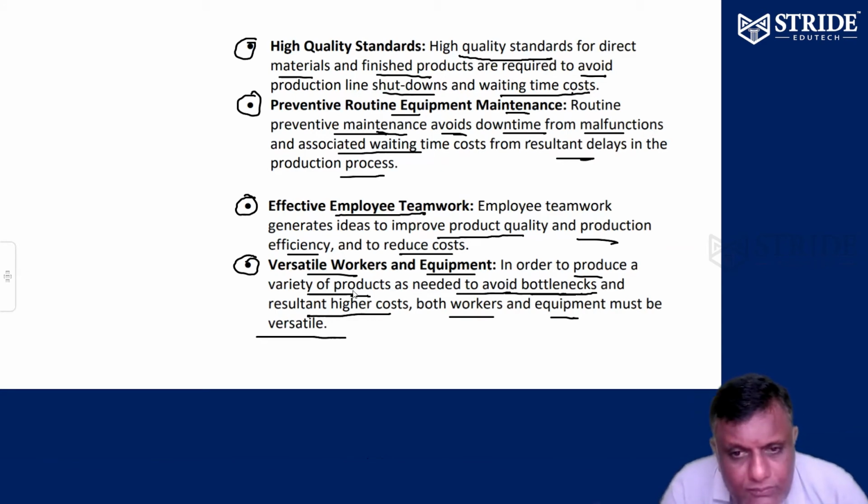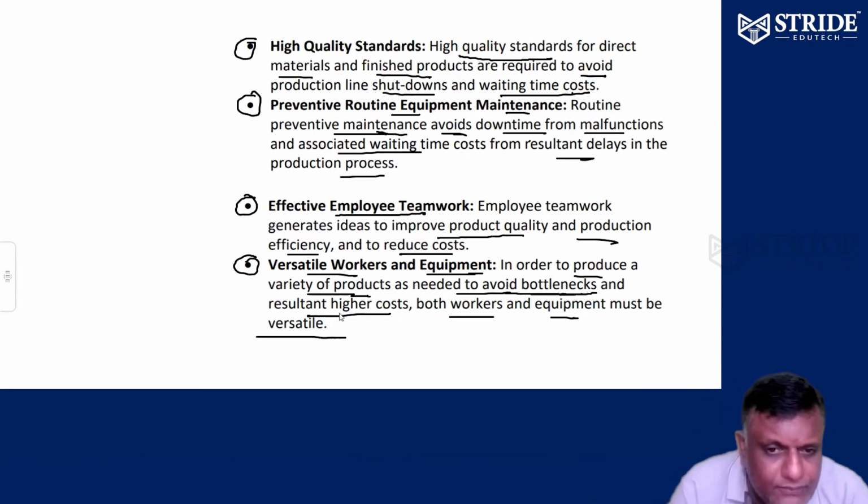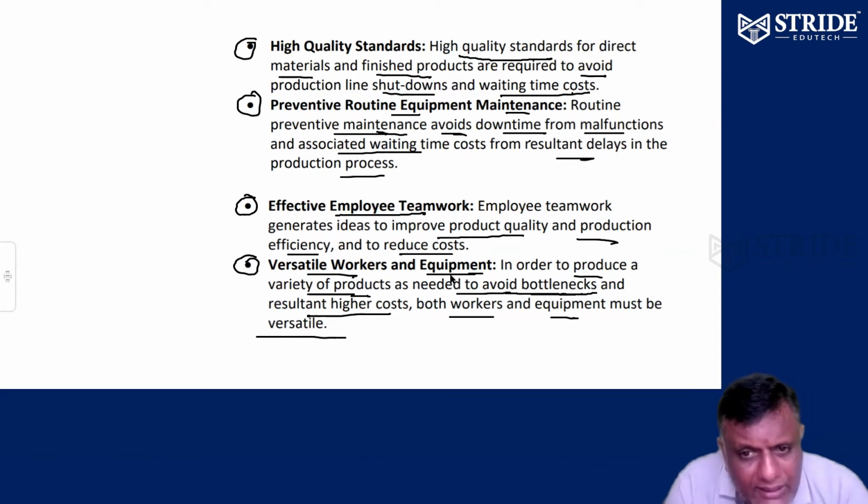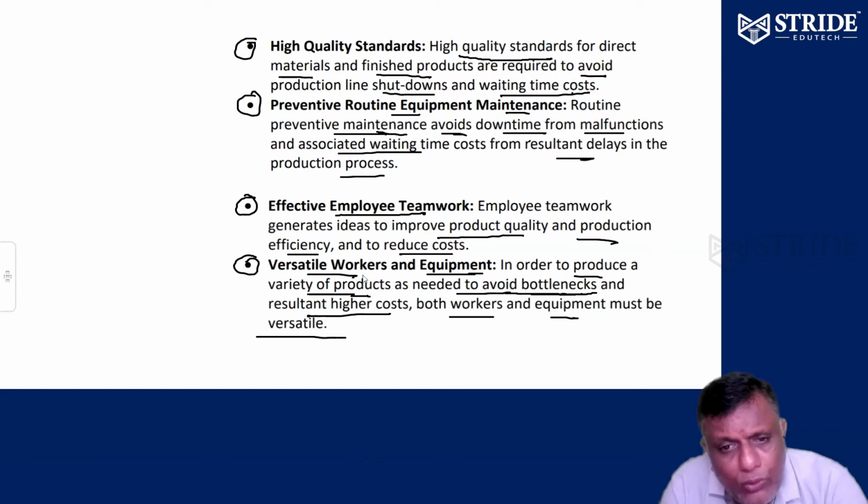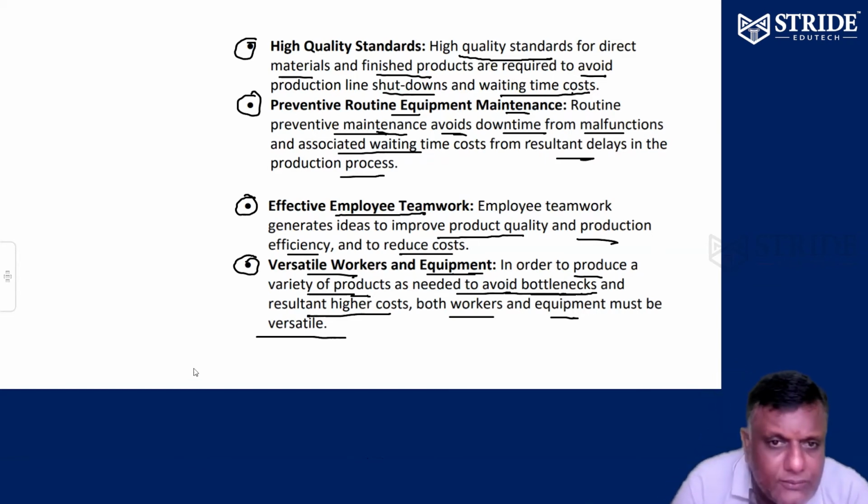Once we try to avoid the bottlenecks and other costs, automatically workers and equipment must be versatile in nature. The worker knows exactly how to use the equipment, so more effective product will be coming out. So these are the quality standards of JIT.